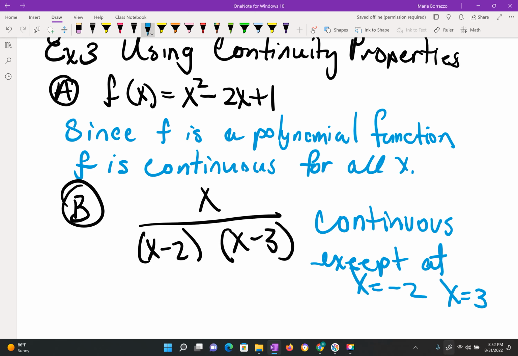And we know that because the denominator can possibly become 0 at those points, right? Shouldn't x equal positive 2? Because technically the example was x plus 2, x minus 3, so this would be negative. My mistake.